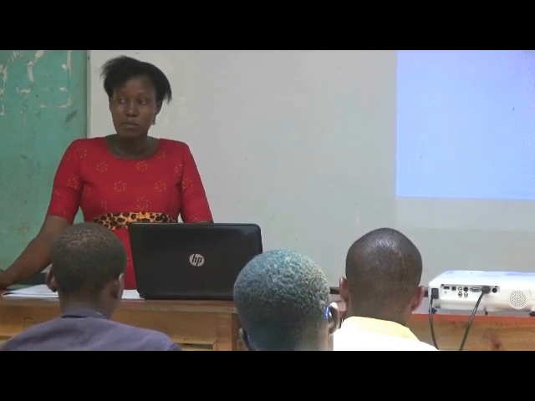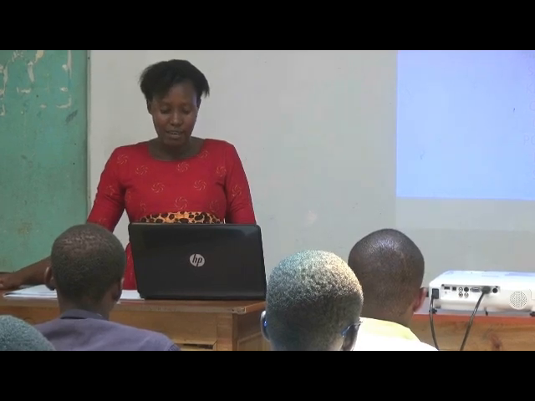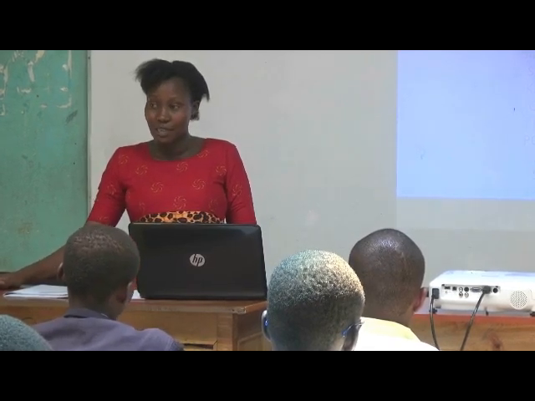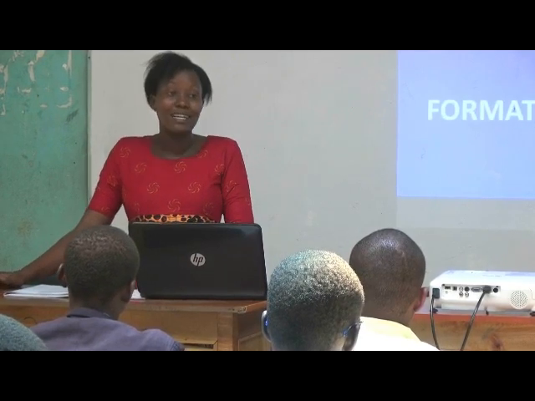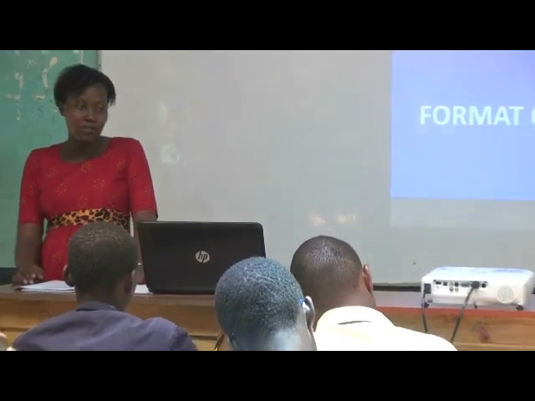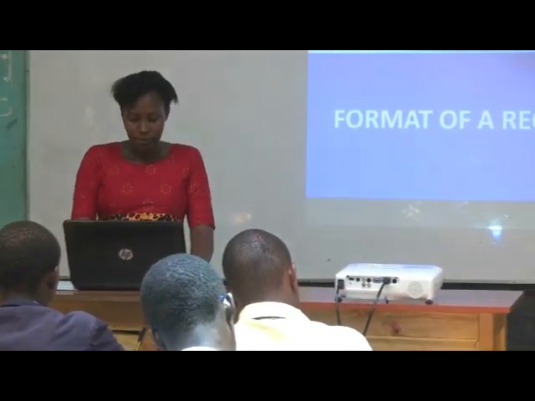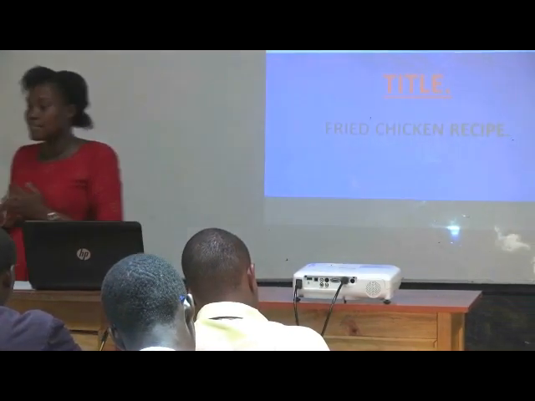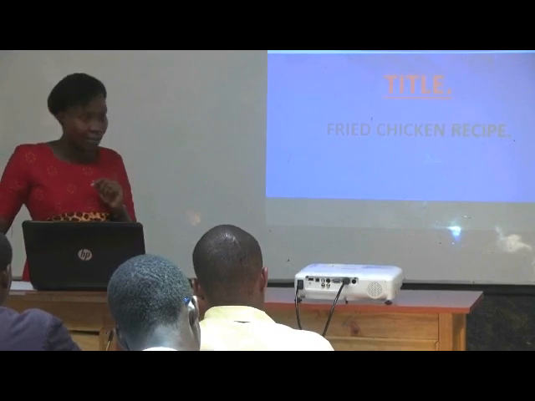This is a question that is common in paper 1, question 1, functional writing skill. You can be asked to write a recipe, and I want to give you the format of how to write a recipe. The first thing that you need to write is the title.